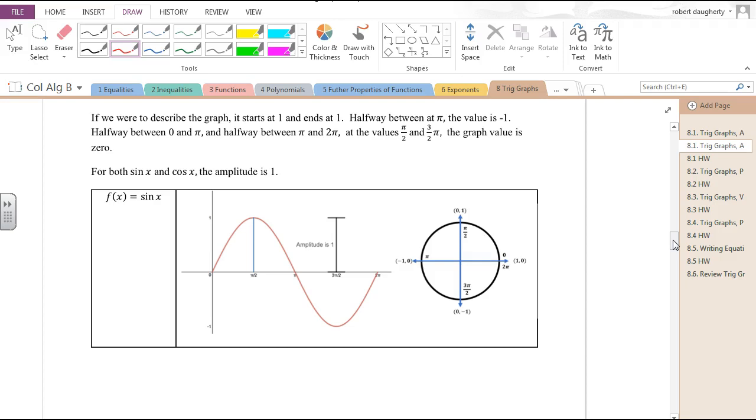Okay, the amplitude is, if you look at a sine graph or a cosine, how far up it goes. Okay, so from 0, how far up this graph goes. So in this graph, this was our sine graph. What's the distance from here to here? 1. Okay, and the distance from here to here?